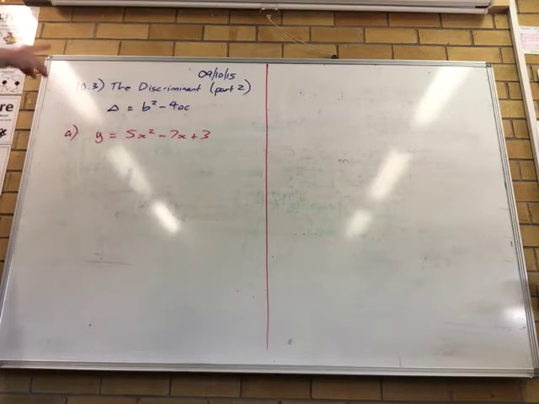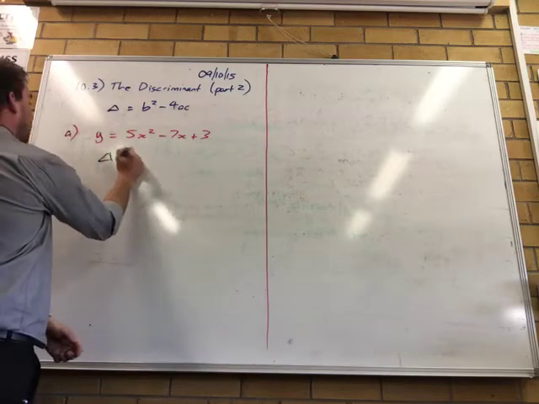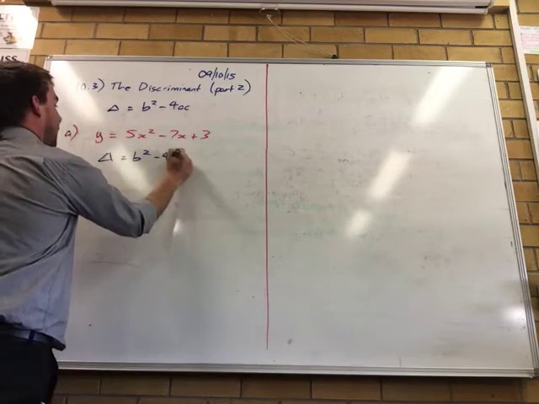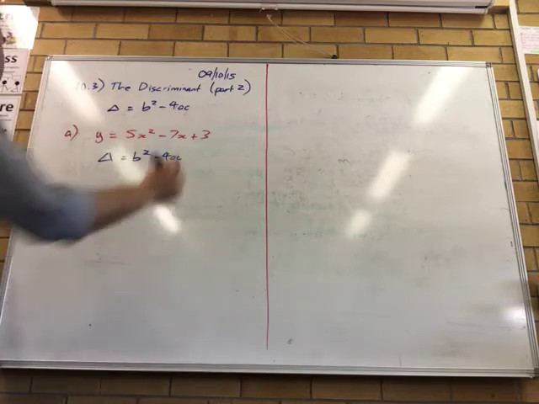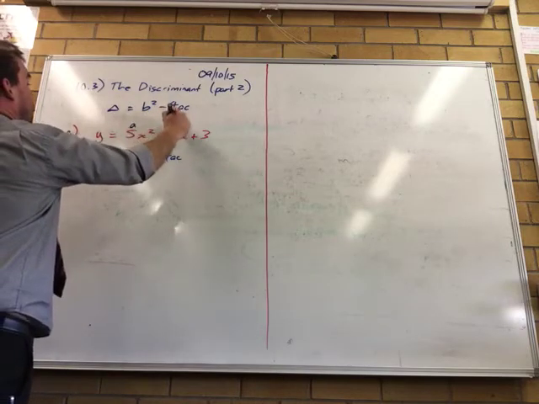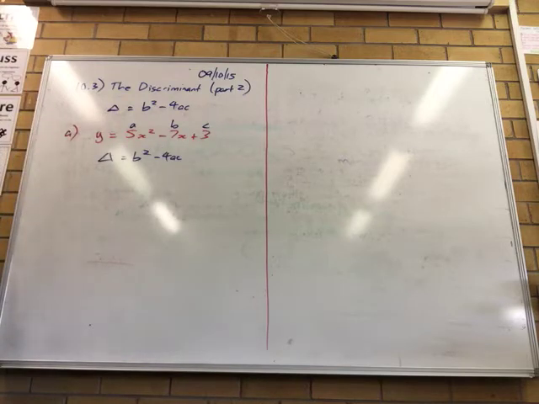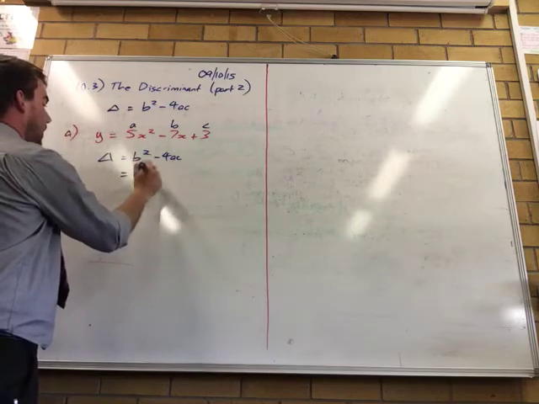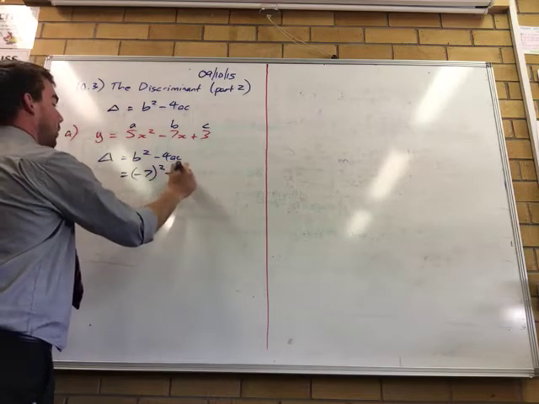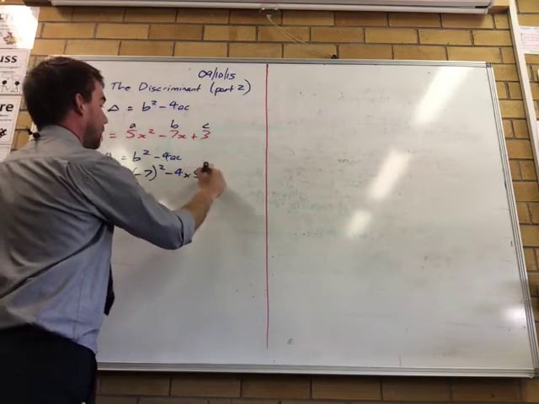So all we have to do is substitute into the discriminant. The discriminant is b squared take away 4ac, remembering our quadratic, ax squared plus bx plus c. We simply substitute those variables into that. So negative 7 squared minus 4 times 5 times 3.